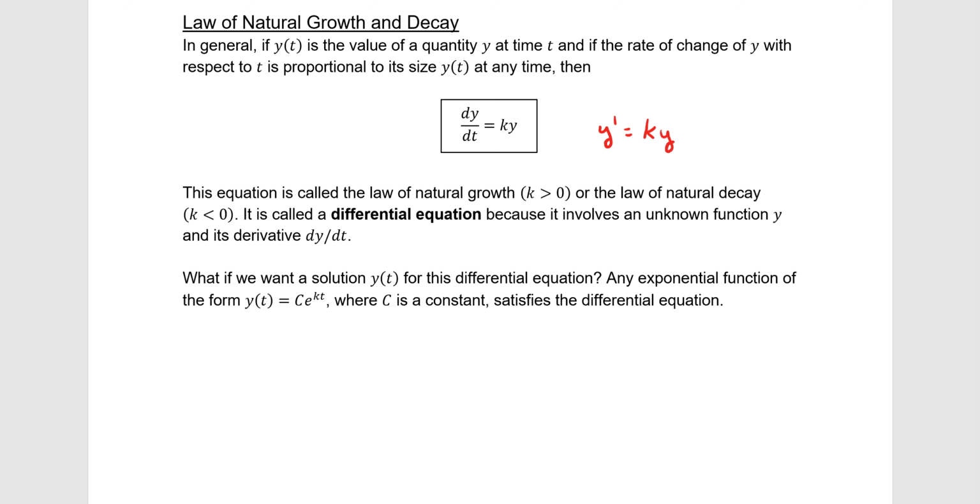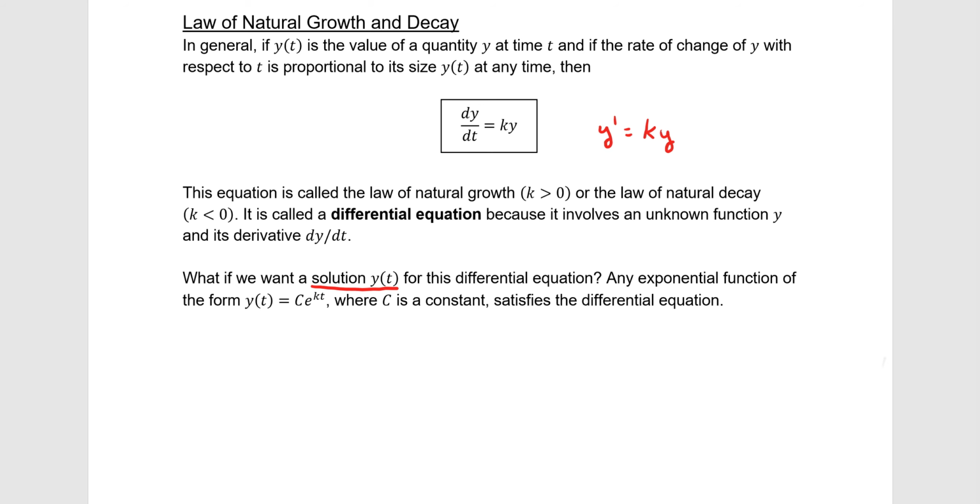Okay, so what happens if we want to know what the function y of t is? That would be the solution. We're trying to figure out what the solution to this differential equation is. What sort of solution can we find for y such that the derivative of it equals a number times the function itself?